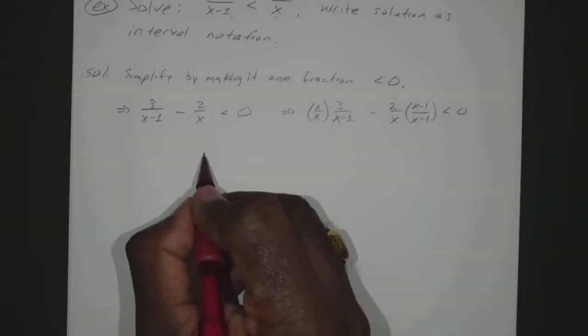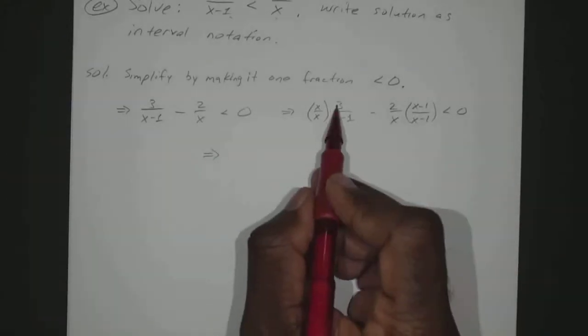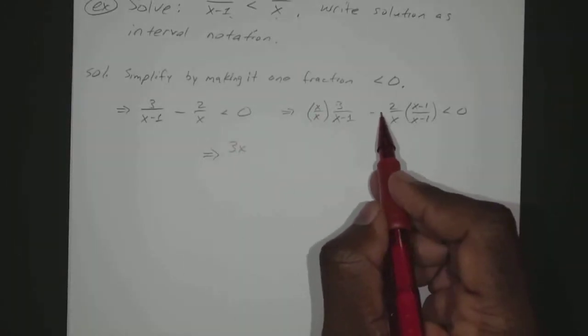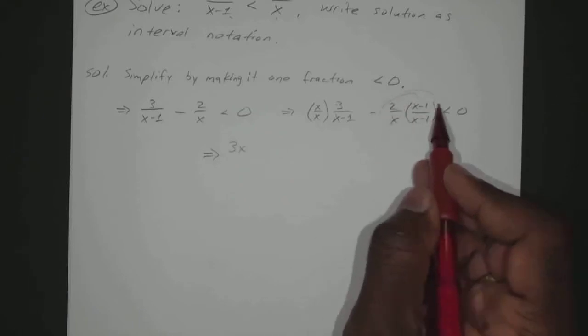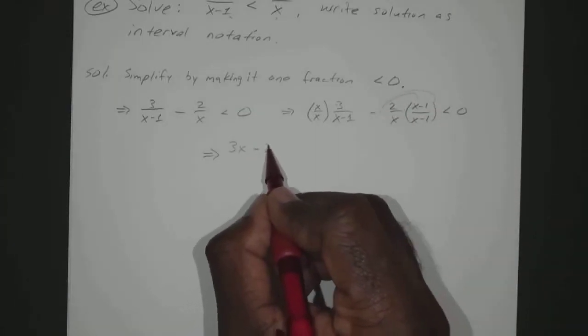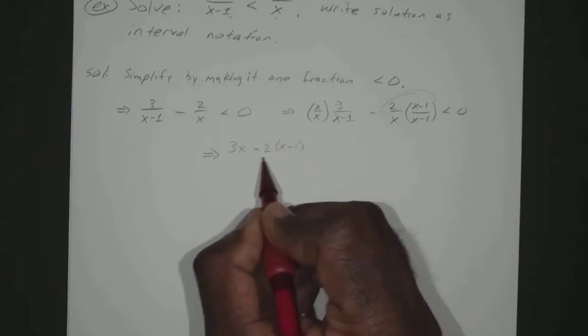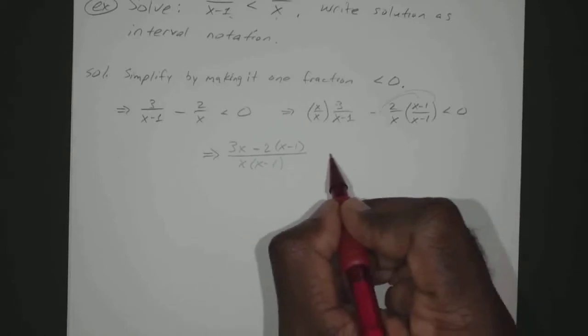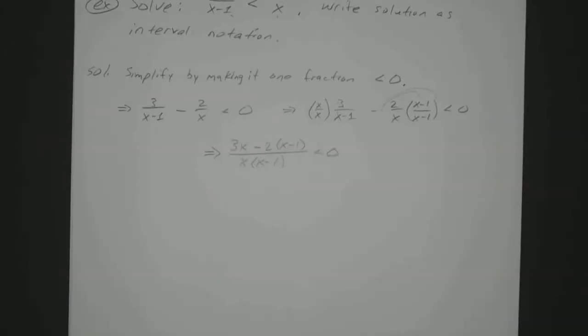Okay, so that would give us 3 times x, which is 3x. And if we go ahead and distribute our -2, I'll do it on the next step, over x times x minus 1 is less than 0.